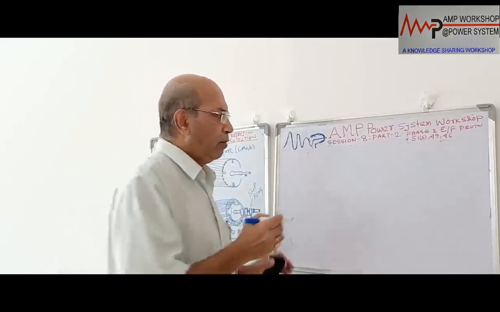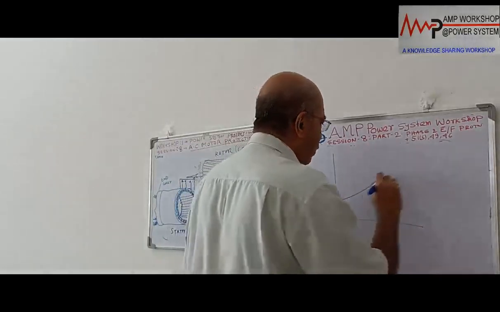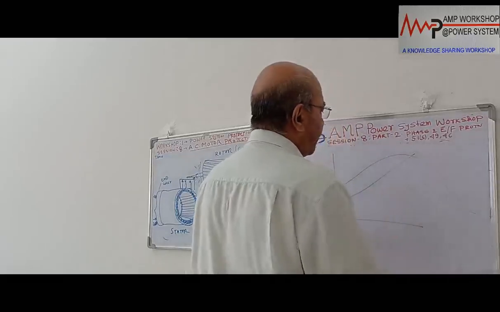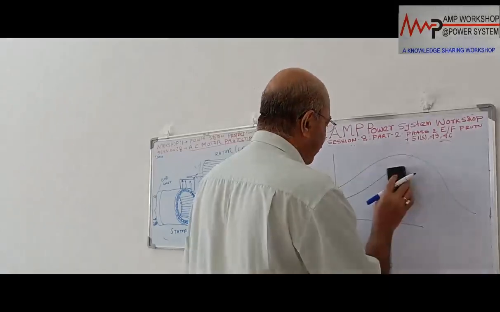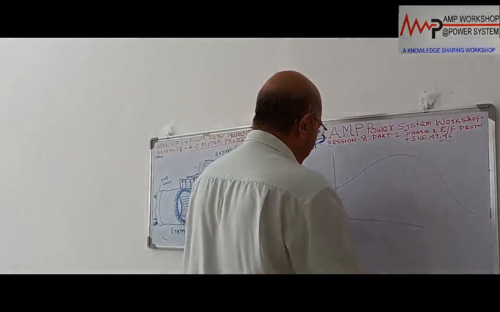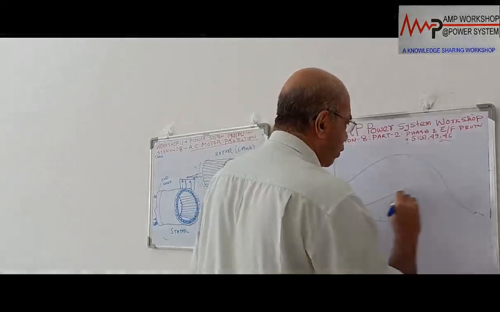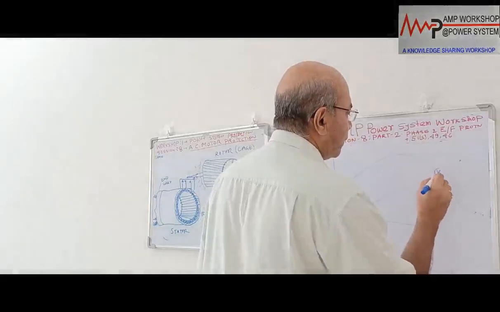So in that case, we have already seen what is required to start a motor. Suppose this is the load torque and this is the motor torque. To safely start a motor, the load torque shall be like this, and this will be your operating point.